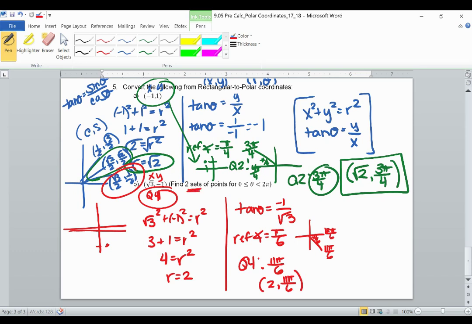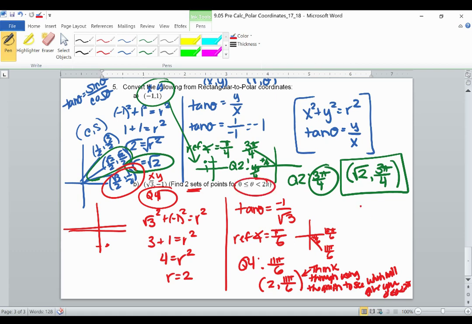Now it asks for 2 sets of points. So we have those 4 different options of finding another point. But before you go through all 4, try just thinking through it using a picture, a graph, to see which will give you theta between 0 and 2 pi, which is what they asked for here.